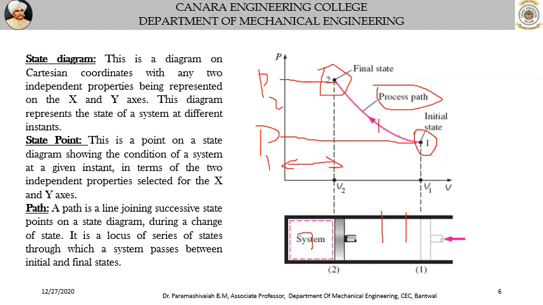Finally, at this point, the final state, the volume is V2 and the pressure is P2. Like this, there are many intermediate stages. But our consideration is the process from 1 to 2, wherein volume is changed from V1 to V2 and the pressure has increased from P1 to P2. Then we say the process is done. The process here is a compression process.